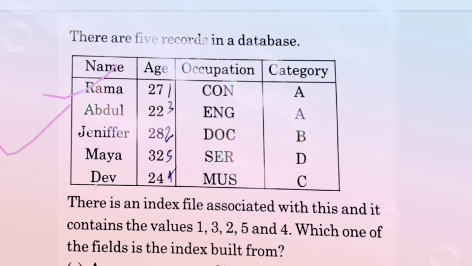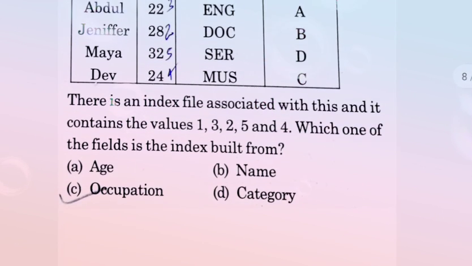Here the question is asked: there is an index file associated with this and it contains the values 1, 3, 2, 5 and 4. Which one of the fields is the index built from? There are four options: option A age, option B name, option C occupation and option D category.